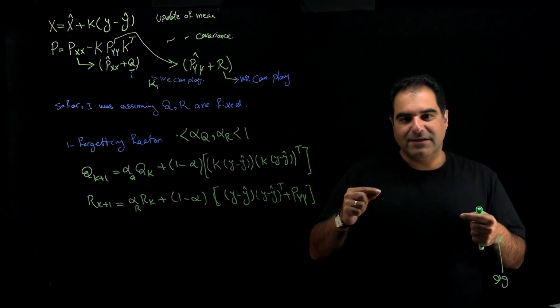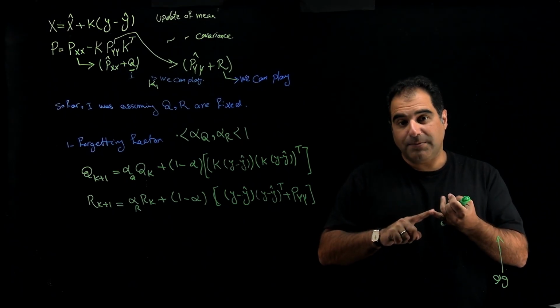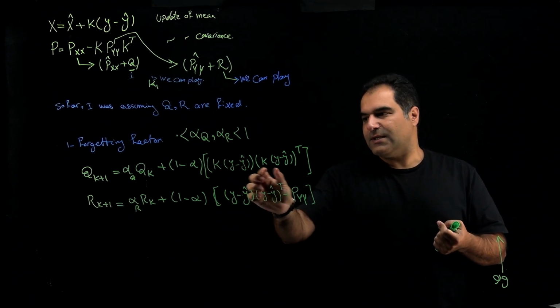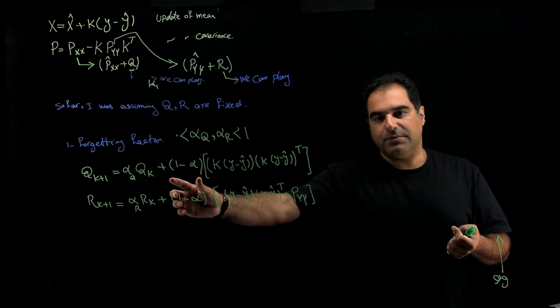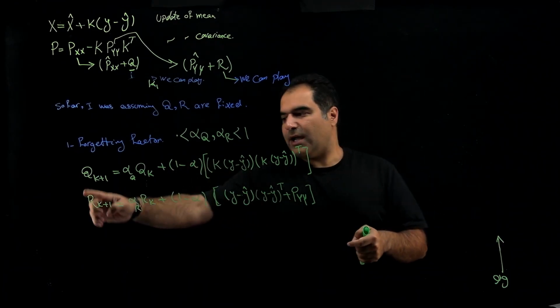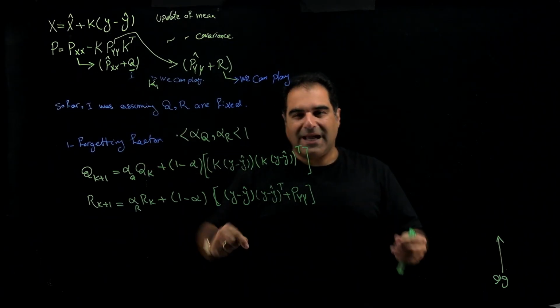Once you have a change in your model prediction versus the actual measurement, these terms increase. You see, if you give a big weight to the current state term, these Q and R increase and increase your P value here. That's the main point.